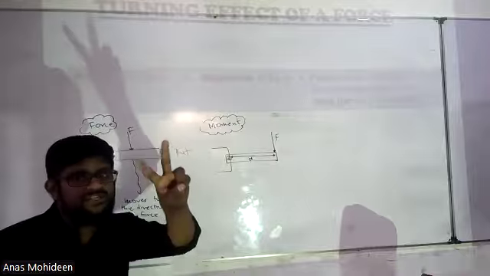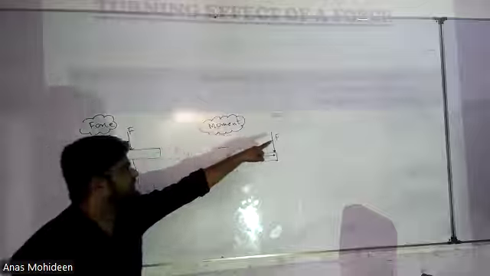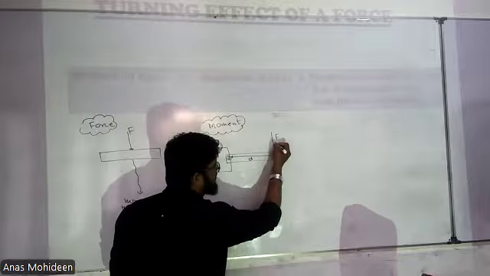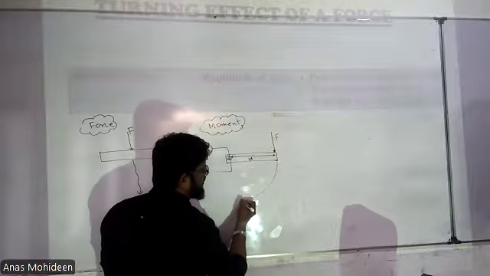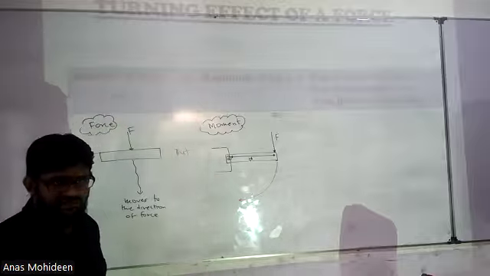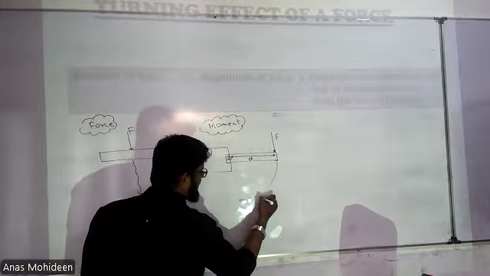So you see there are two physical quantities. Earlier only one quantity was there, which is the force, but here force and distance, two quantities are there. So because of this, the object will be turning. Right? So this is what we name as the turning effect.